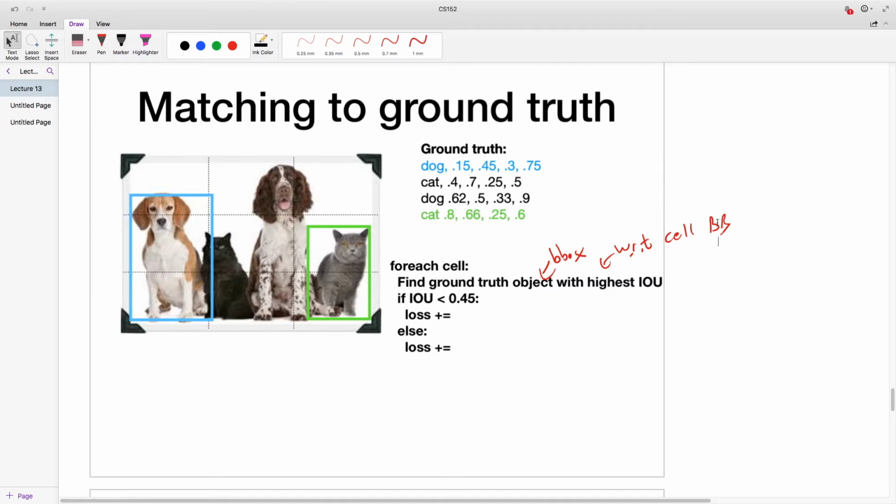So what does this mean? We have a cell, and its IOU is less than 0.45. Give me an example of a cell there that has that property. Top left. This is IOU less than 0.45. And I'm going to claim this one is too.